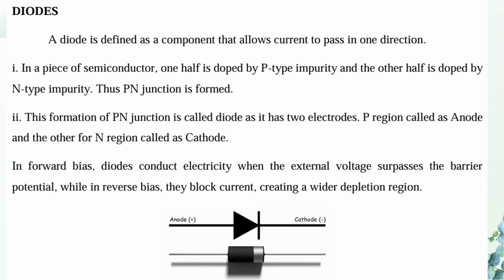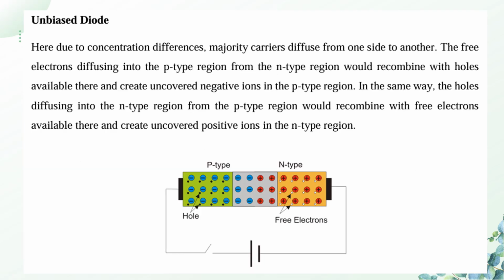Now let us look into the operation of a diode. Let us consider an unbiased diode, which means there is no supply voltage given to the diode. The supply voltage is considered as 0. Without any supply voltage, there is no movement of charge carriers, but practically, due to concentration of charge carriers, p-type consists of a large number of holes and n-type material consists of a large number of electrons.